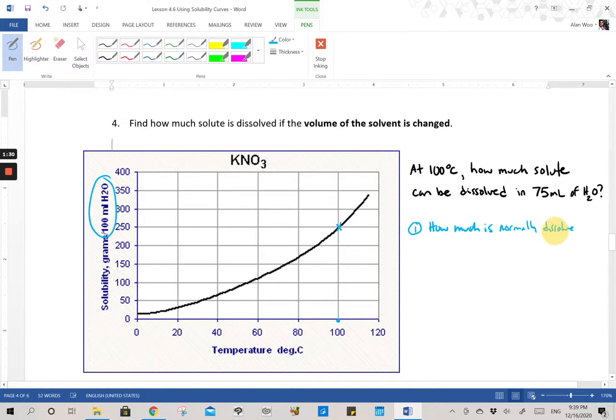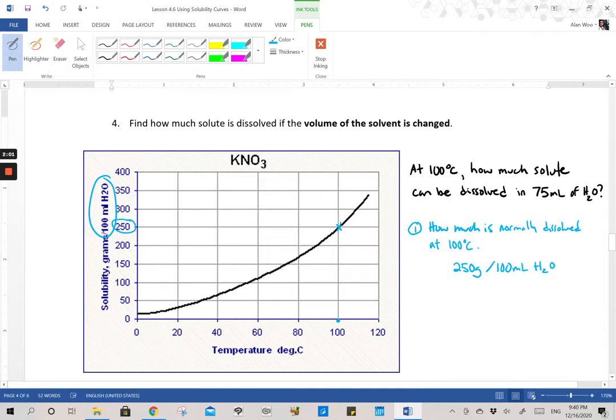So in our case, we look at 100 degrees Celsius, we see where it hits the curve. It hits the curve at exactly 250 grams. So the solubility is actually 250 grams per 100 milliliters of water.